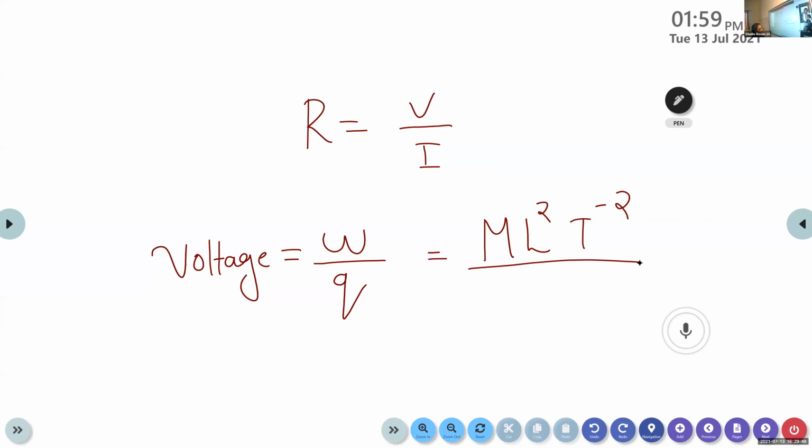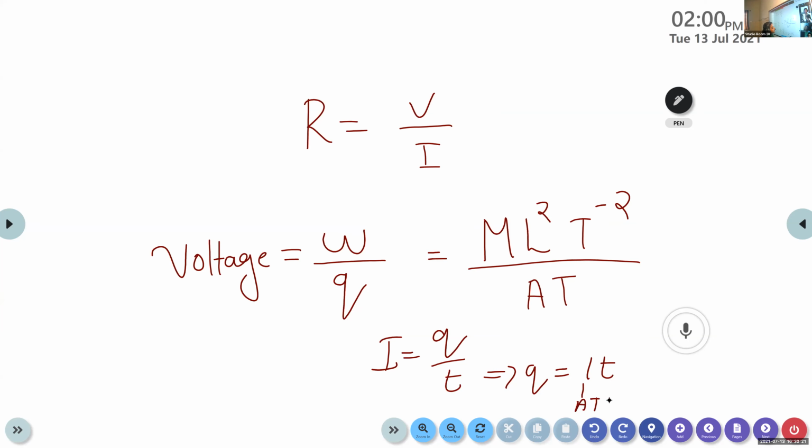A into T. Because I is equal to charge by time, Q by T, which implies Q is equal to IT. The dimension of current is A and time is T. So the dimension of charge is AT. Good.